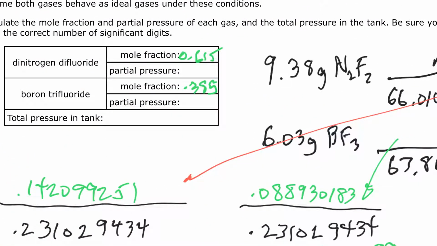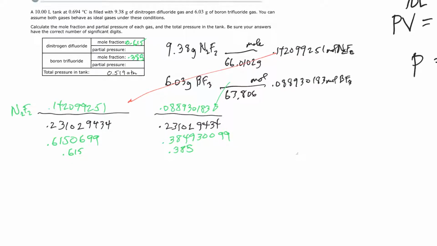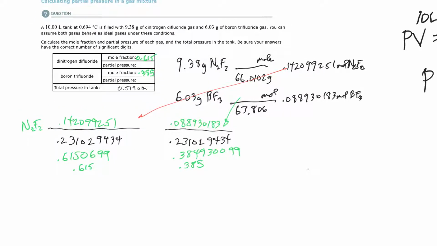So this would be 0.519 atmospheres. And then I'm going to take the 0.519 and multiply it by these two mole fractions. And that's the partial pressure.